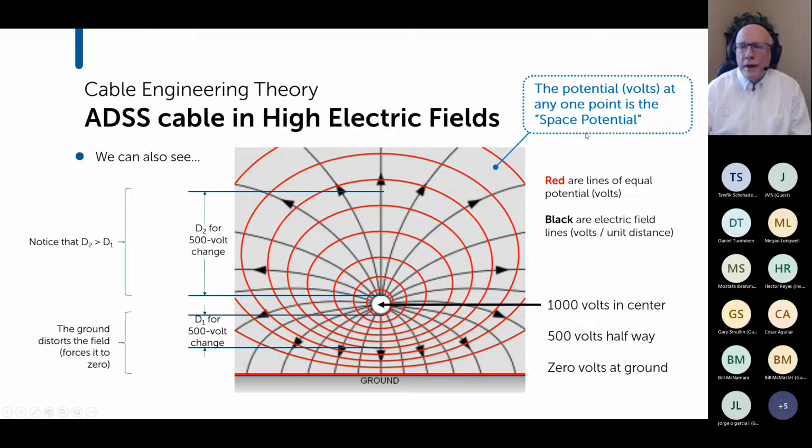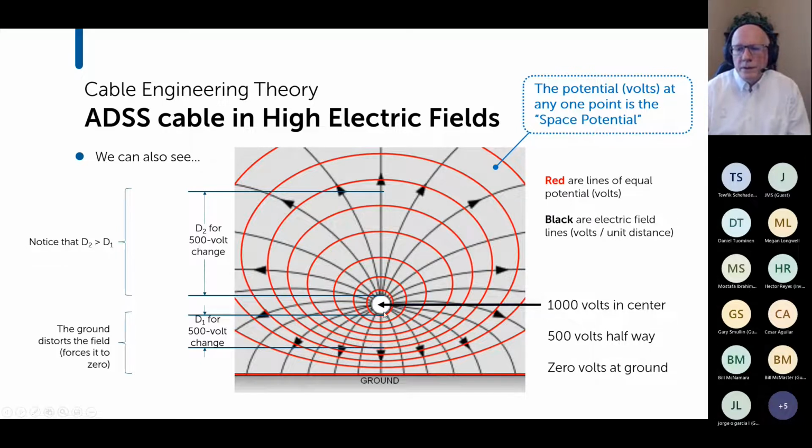So it's the potential at just one point. But if you find a point that's, say, 400 volts, there's 400 volts here, there's 400 volts here, there's 400 volts here, and so forth. And you can connect those with a line that we call an equipotential line. So that's the red lines.